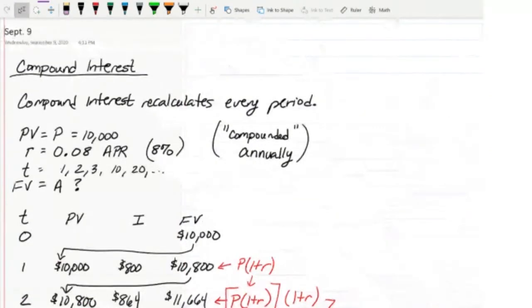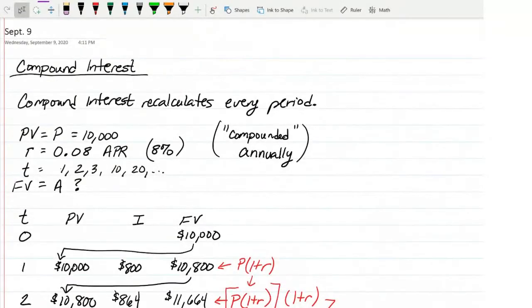Okay. So yesterday I was talking about compound interest. And compound interest is very much like simple interest. In simple interest, we decided on an interest rate and we calculated how much that was, and then we just stuck with that same interest amount.